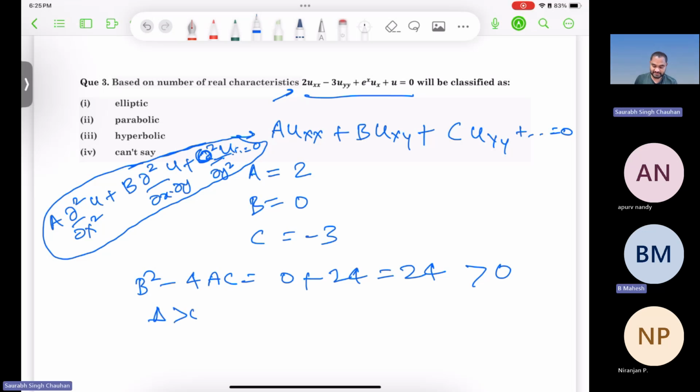So this is hyperbolic. It means it will have how many characteristics? Two real and distinct characteristics, right? Yes, sir. Two real and distinct.